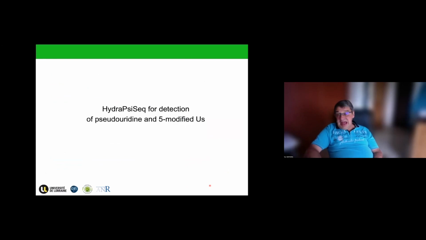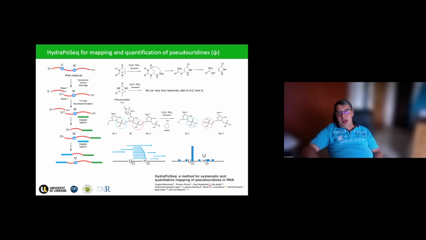So, the last method I wanted to show you in application for ribosomal RNA is the most recent HydraPsi-seq protocol. We thought that CMCT-based detection is not really perfect for quantification, and we used also very, very old chemistry reported already in the 70s and beginning of the 80s, where hydrazine, and Richard Ruggero also talked about this, but we use it in slightly different conditions.